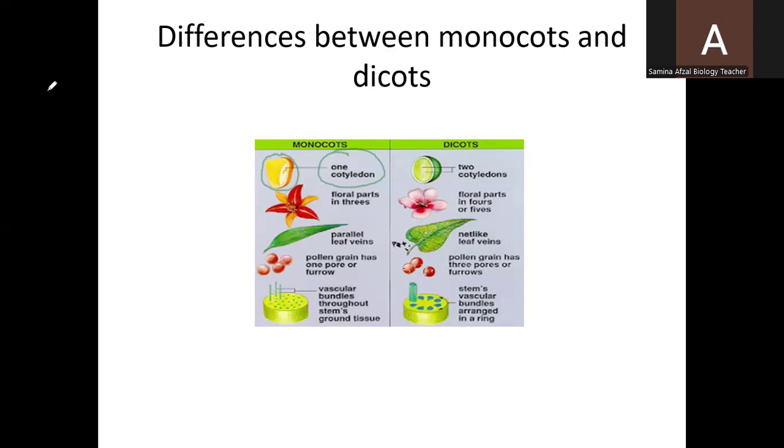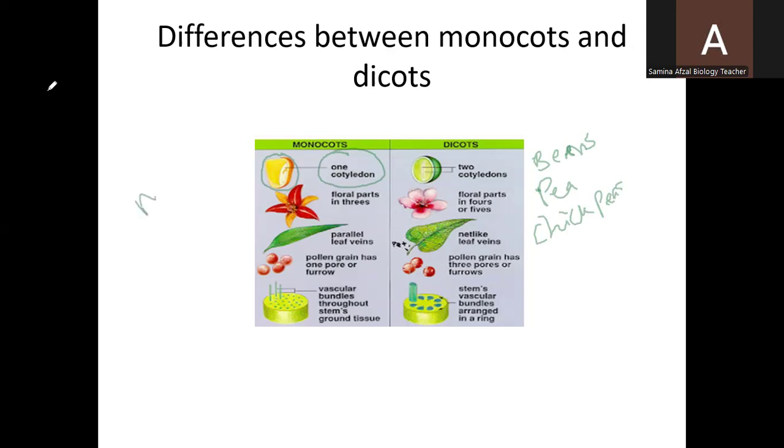And here we can give an example of beans, or we can give an example of pea or chickpeas. So one cotyledon and two cotyledons.